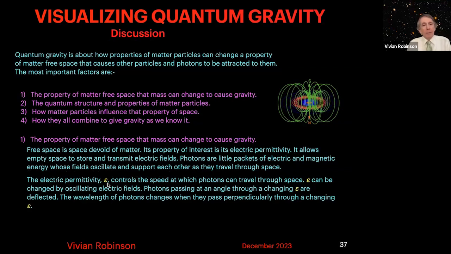The electric permittivity controls the speed at which photons can travel through space. Electric permittivity can be changed by oscillating electric fields. Photons passing at an angle through a changing electric permittivity are deflected. The wavelength of photons changes when they pass perpendicularly through a changing electric permittivity.